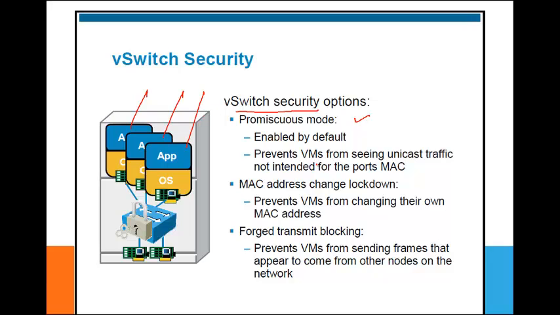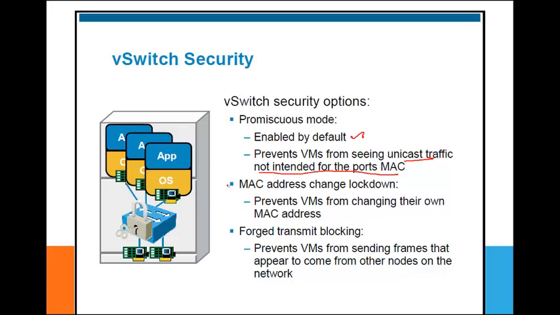It prevents VMware from seeing unicast traffic. Sorry, I made a mistake. What is this promiscuous mode? Promiscuous mode is default. What it does is, it is not going to allow traffic to reach some VMs to which the frame is not intended, meaning it prevents a VM from seeing unicast traffic not intended for the port MAC.